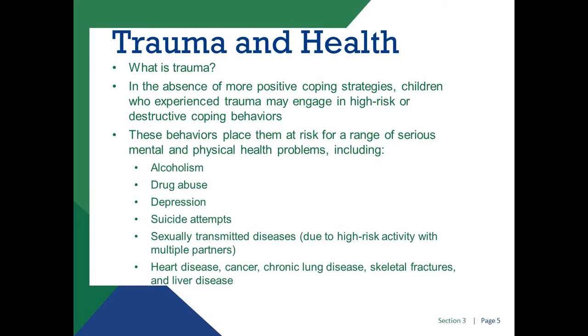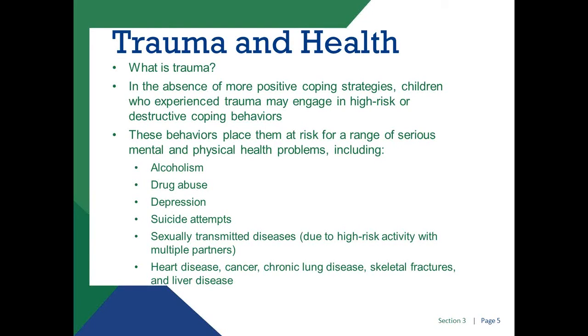And these might range from alcohol use and abuse, drug use, depression, suicide attempts, sexually transmitted diseases. And also studies have shown higher rates of heart disease, cancer, and all sorts of other chronic health conditions that result from that trauma exposure. So how can we address these resulting health issues?